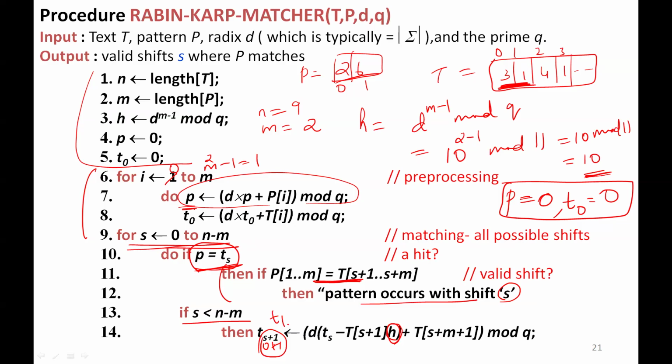Now this equation, I'll just write it over here. Because 0 is less than 7, we move forward and find 0 plus 1. That is nothing but T1. Now, T1 can be found out by d into T of S minus T of current S value if there is a shift, into the general hash equation.